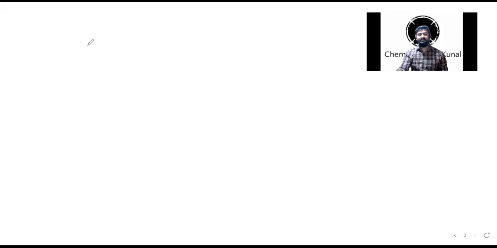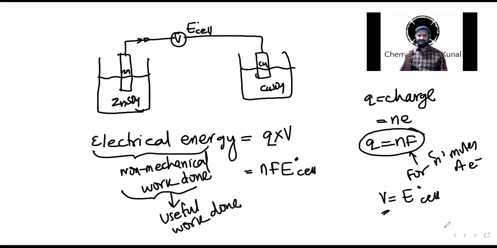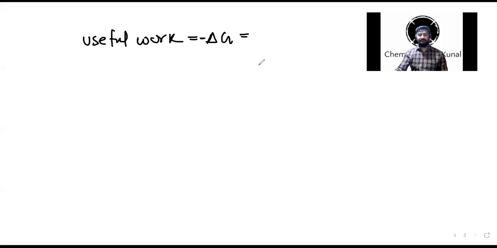Therefore, we can say that the useful work is equal to delta G. And since the process is spontaneous, I'll call it minus delta G. This electron flow happens spontaneously, right? So it will be minus delta G, and that's equal to nF E naught cell.